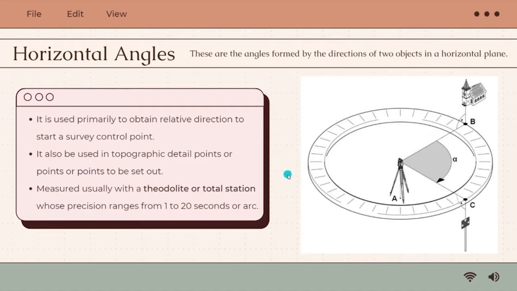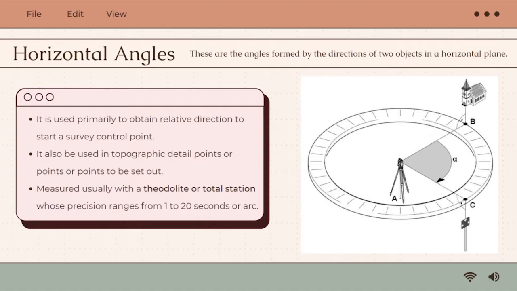So horizontal angles is used primarily to obtain relative direction to sort a survey control point, which allows engineers to establish surveying works from connecting these two control points by determining the horizontal angle. More so, horizontal angles can be used in topographic detail points or points to be set out, especially in traverse.